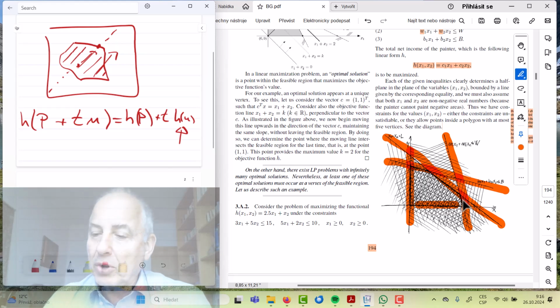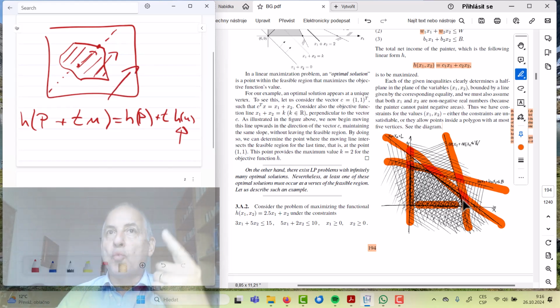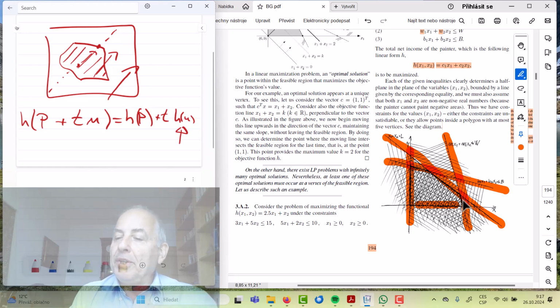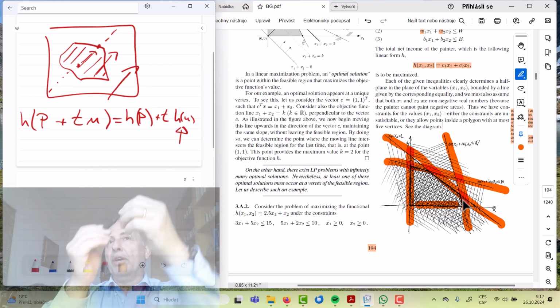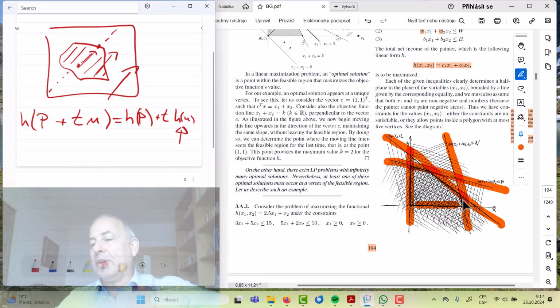And this is it, because there will be just one direction in which the linear form H grows more than in any other direction, and in this direction you will hit either just one of the vertices, or you will just have a part of the boundary there. And the same applies in higher dimensions.